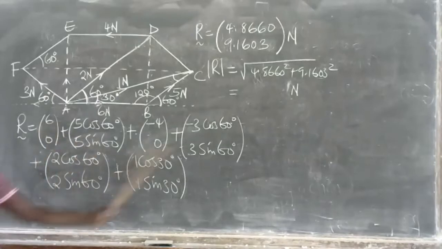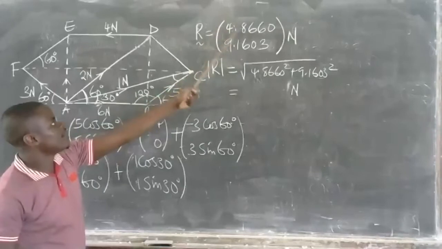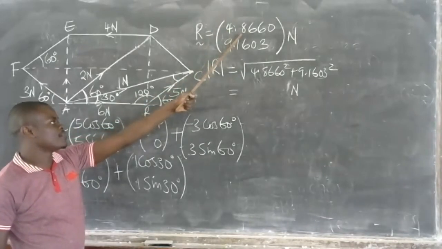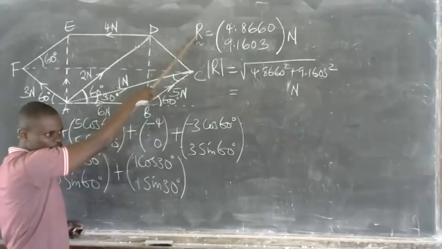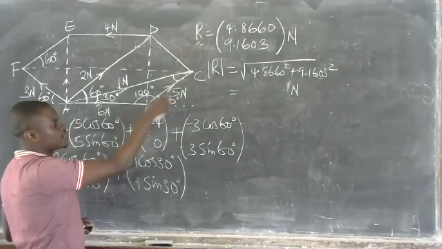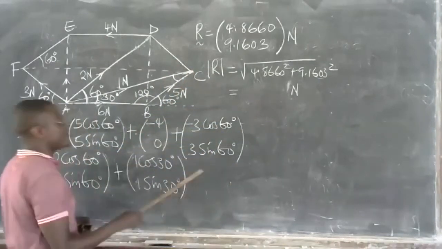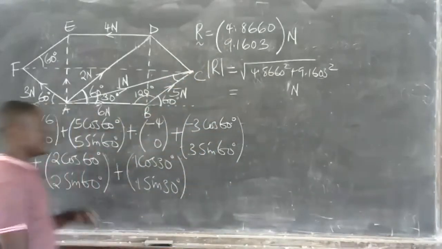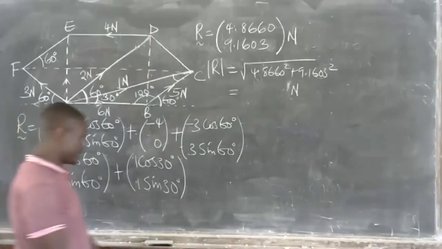So you don't need to simplify this, just put on your calculators and get this. So we have this, but remember, we have to give the resultant in terms of magnitude and direction. So you get its magnitude, then we want to find the direction.